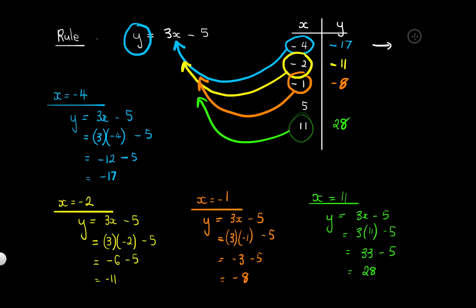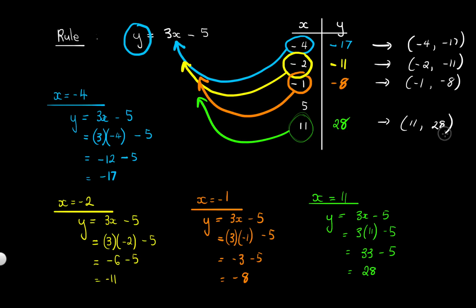So that actually corresponds to the point -4, -17. This one corresponds to -2, -11. And this one corresponds to -1, -8. And this one corresponds to 11, 28.